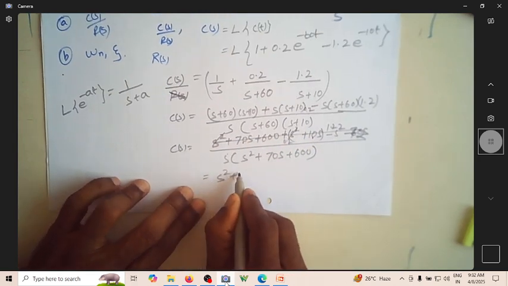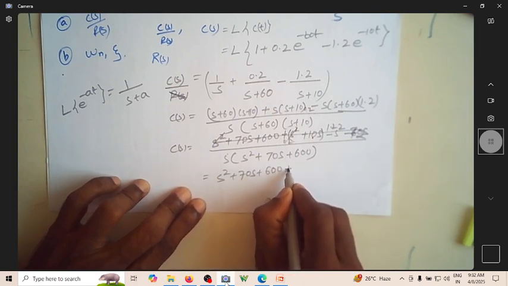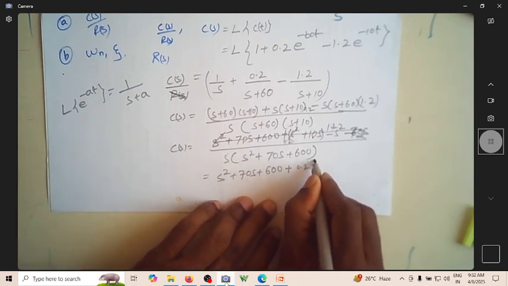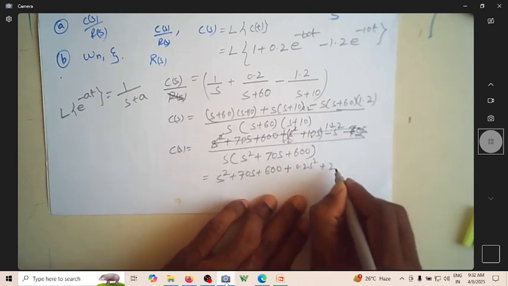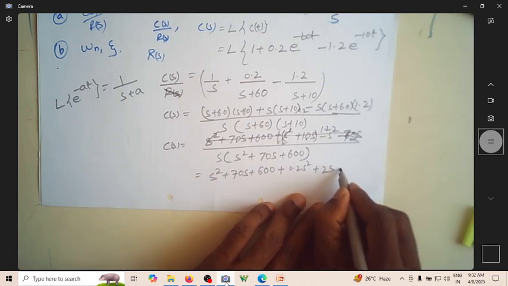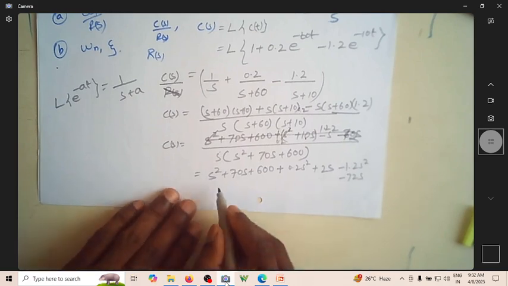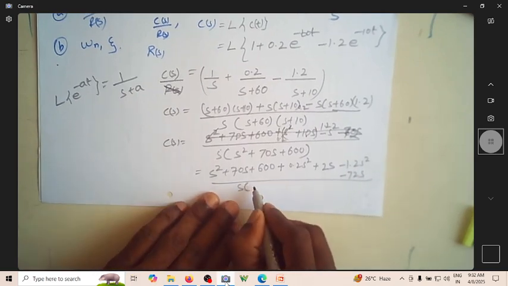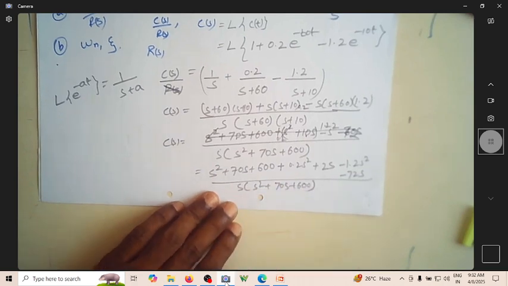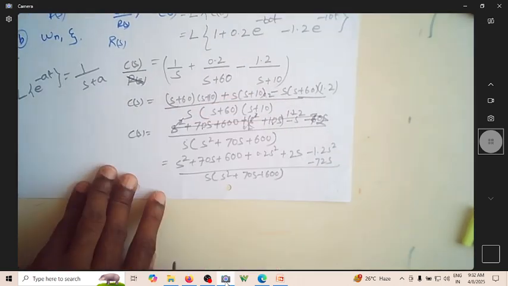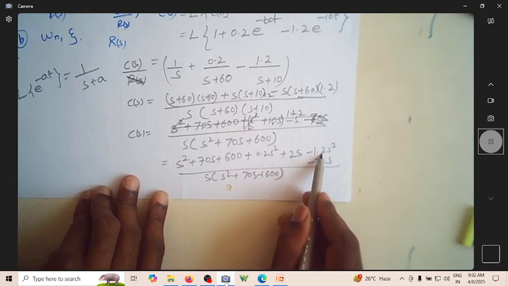Is it not s squared plus 70s plus 600 plus 0.2 s squared plus, of course, 0.2 into 10 is 2s, minus 1.2 s squared minus 72s, divided by s into s squared plus 70s plus 600. Done. So now this is 0.2 s squared, this is 1.2 s squared.